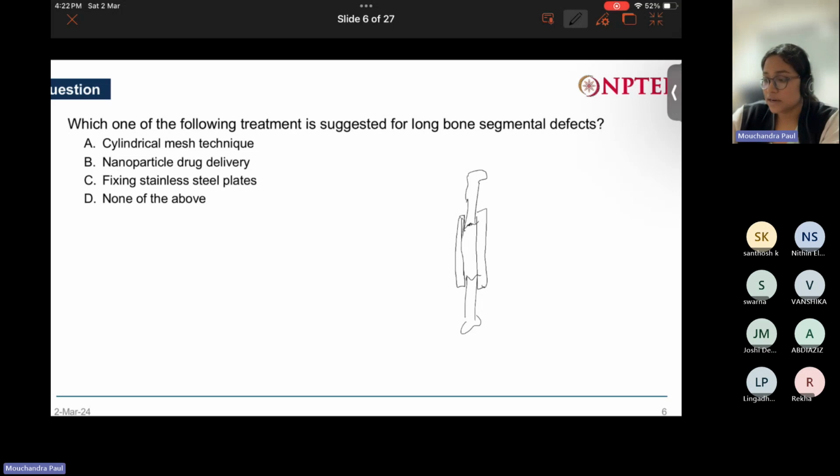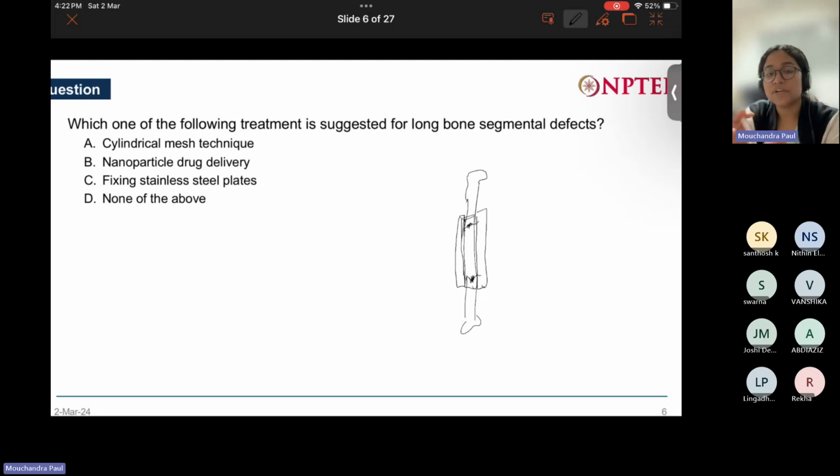The cells that are here, the cells that are here, how will they meet? There's a space. Maybe you put two more. You put four plates to cover the entire area, one at the back as well. Then also, how will they meet? You need to provide some medium through which the cells of the bones can migrate into, and ultimately they meet and form the bone.